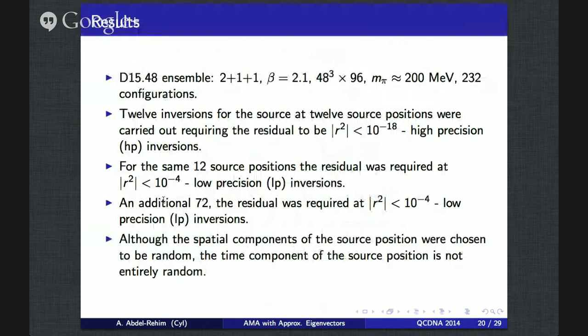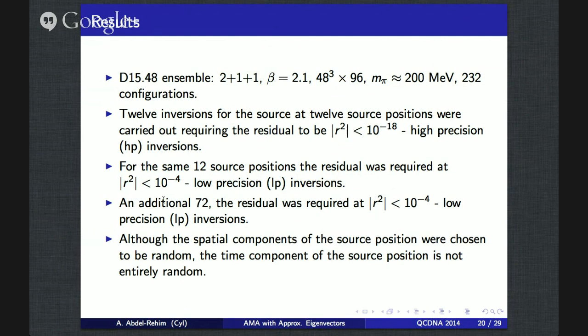Okay, so now I show the results for this testing. Here I use an ensemble which is a 2+1+1, 48 cube times 96 at pion mass around 200 MeV over 232 configurations.